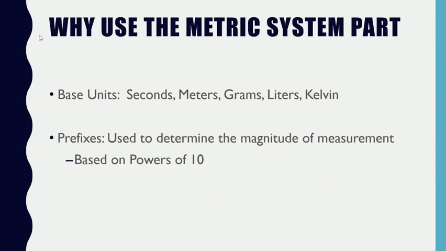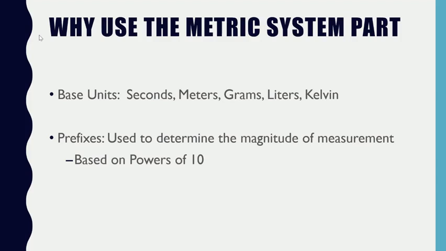All right, so let's talk about why we're going to use the metric system. Why use it instead of our standard system that we use in the US? There are several benefits to using the metric system. The first one is that we just are working with our base units: seconds, meters, grams, liters, and Kelvin.